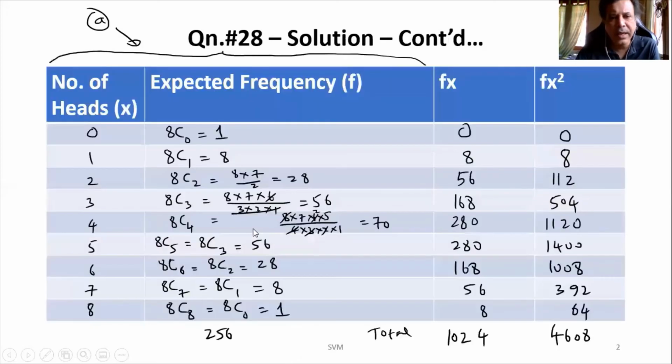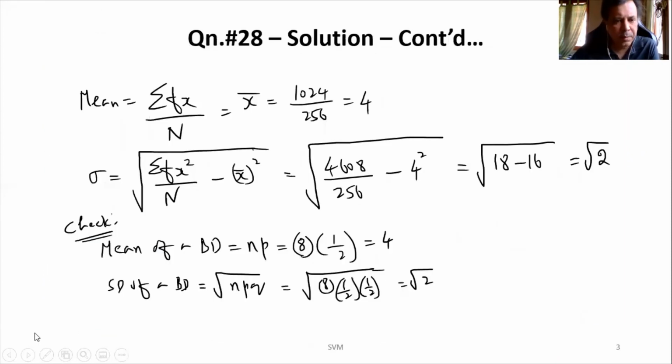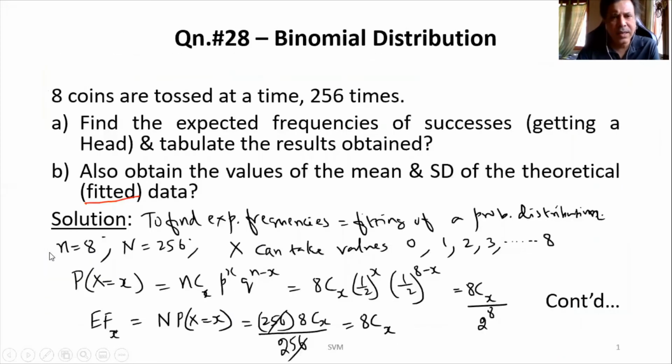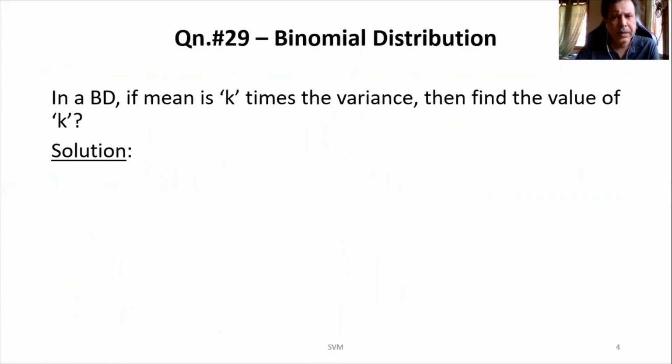So these are all theoretical data, and using that only you have to find them. But you can very well use this particular thing for checking purposes. This was asked in one of the MBA exams of Mysore University, in their semester question papers. Now let us move on to the next question.